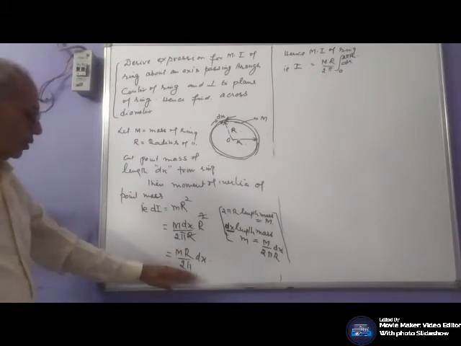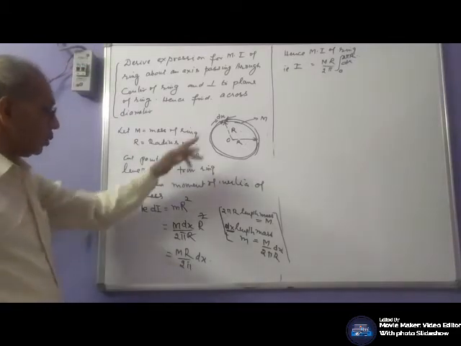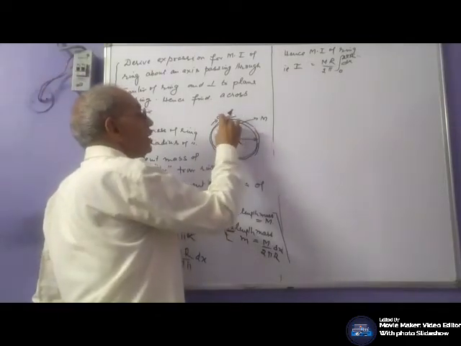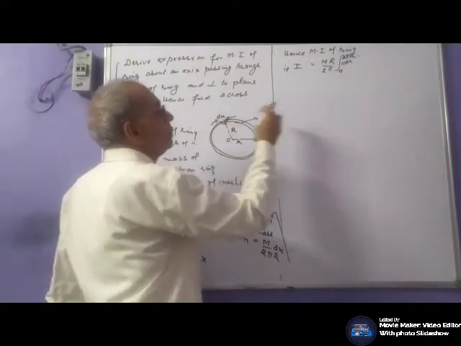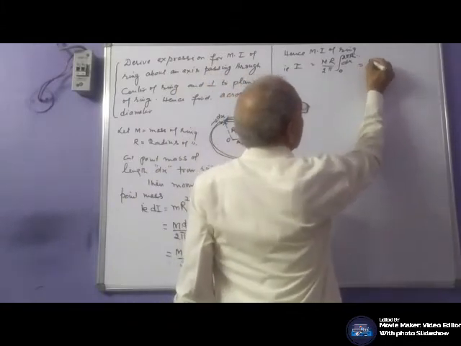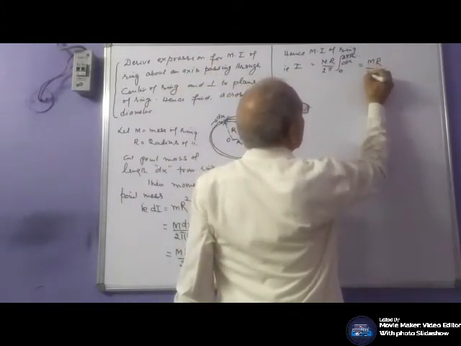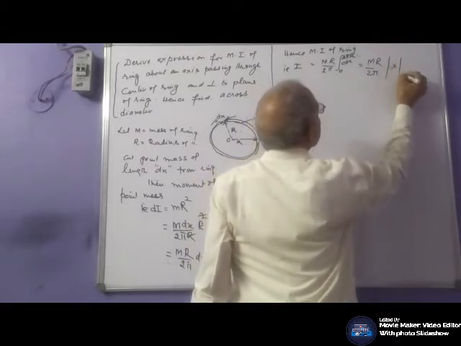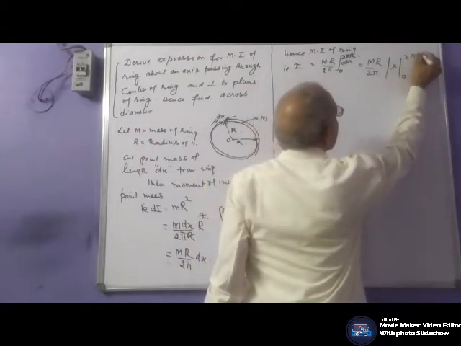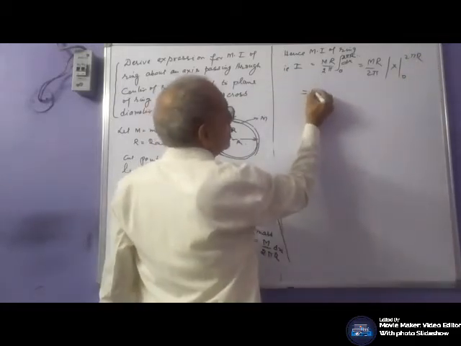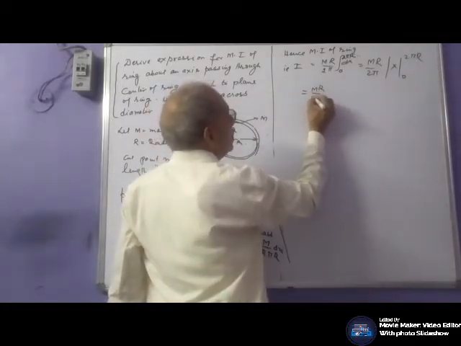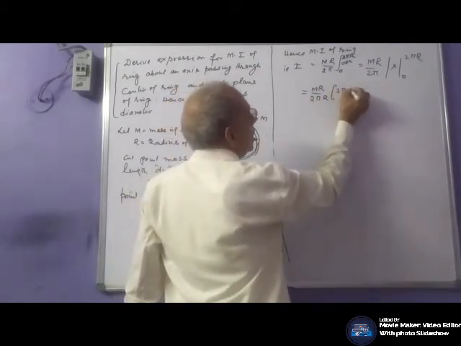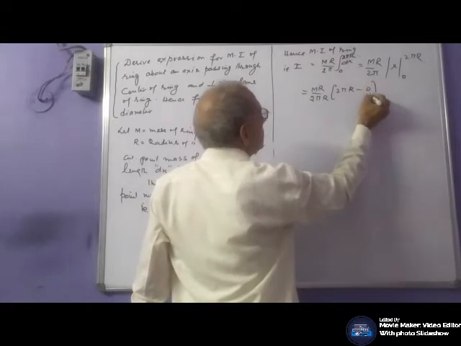This is the moment of inertia of a point mass. The total ring, integrate. This dx is variable from where to where? From 0 to total. So it is M r 2 pi, integral of dx from 0 to 2 pi r. It is M r 2 pi, value of x is 2 pi r minus value of x is 0.